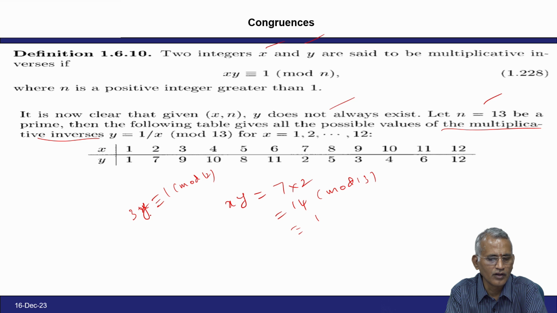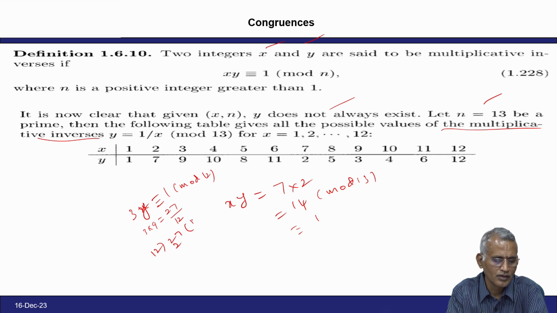If you know the table of 12, you can easily understand the inverse of the other. If you take 9, then 3 into 9 equal to 27. 27 divided by 12: 2 times 12 is 24, so the remainder is 3.